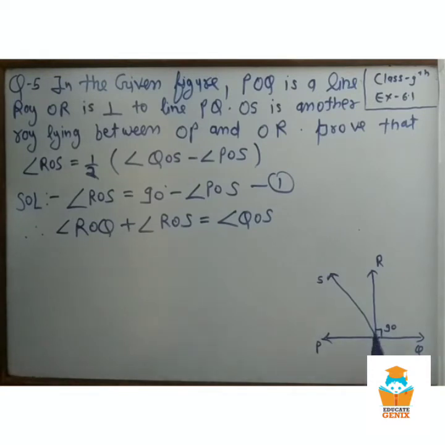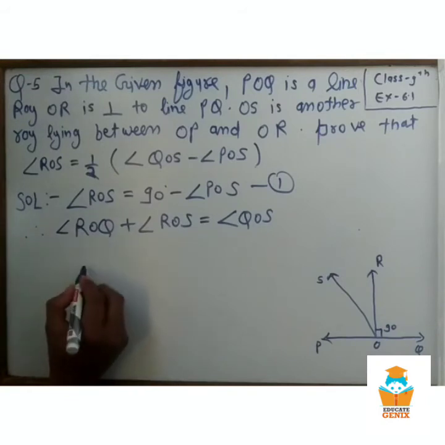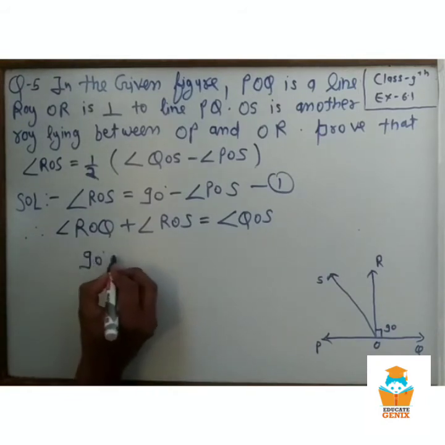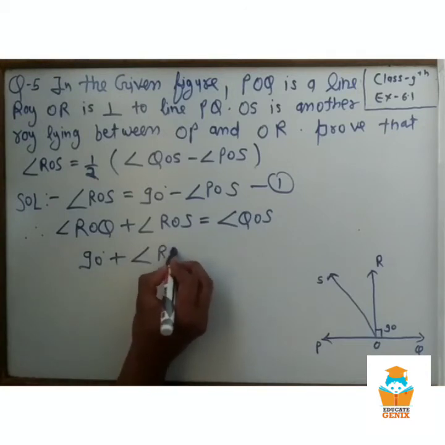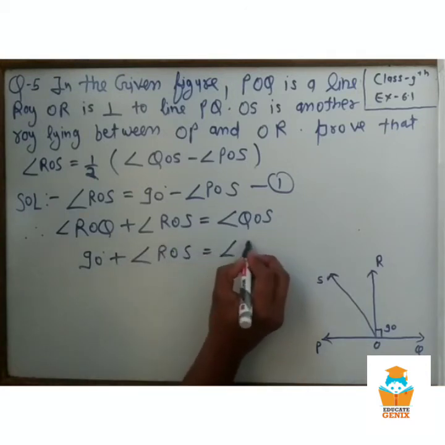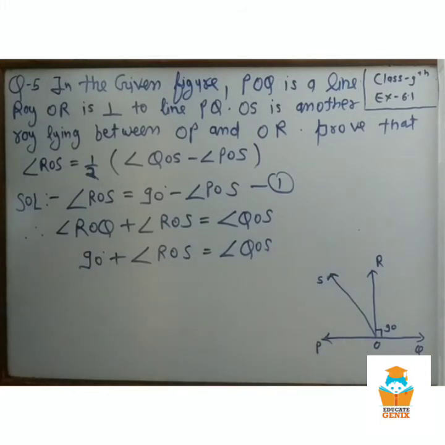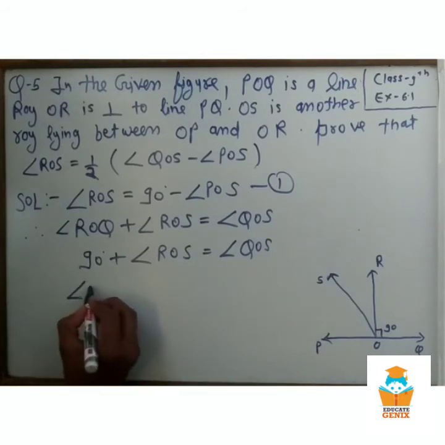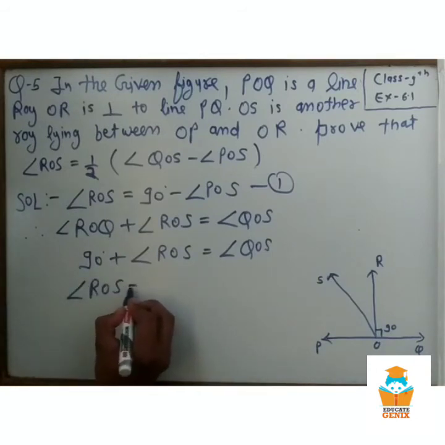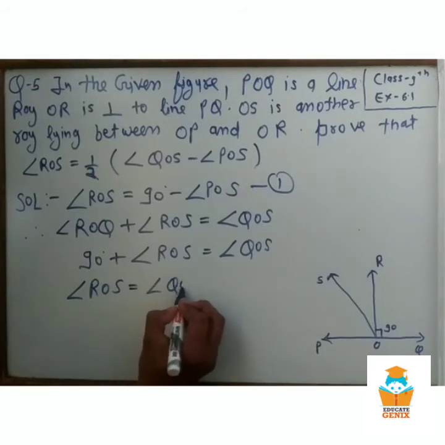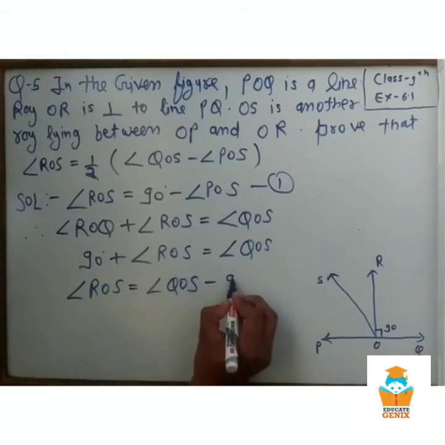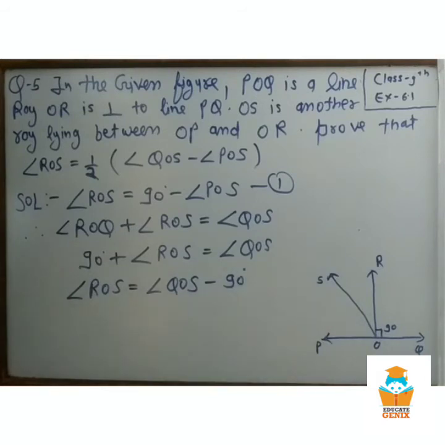As we already know, angle ROQ is 90 degree, so we replace angle ROQ with 90 degree plus angle ROS equals angle QOS. Therefore, we shift this 90 degree to that side. Therefore, angle ROS equals angle QOS minus 90 degree. This is our equation number two.